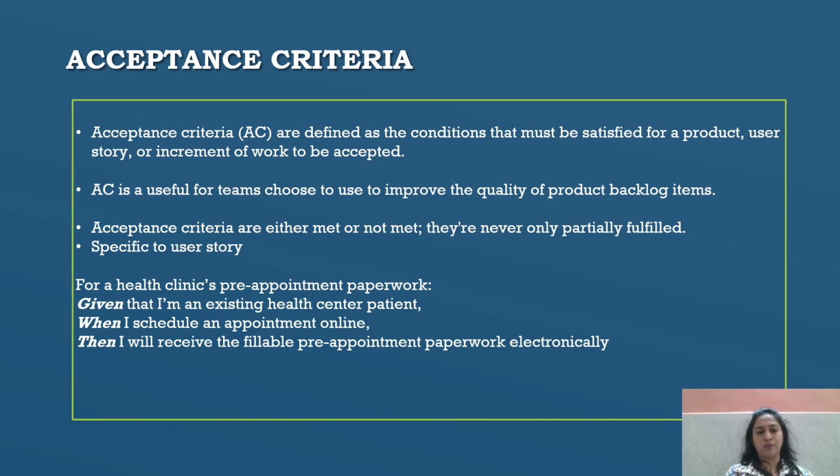That email or something we can get is the acceptance criteria. Given the health center patient, we have the details of them. Then when he schedules the appointment, he will get the pre-booking appointment details, meeting details, on their email or something. This is the acceptance criteria mentioned by the users.